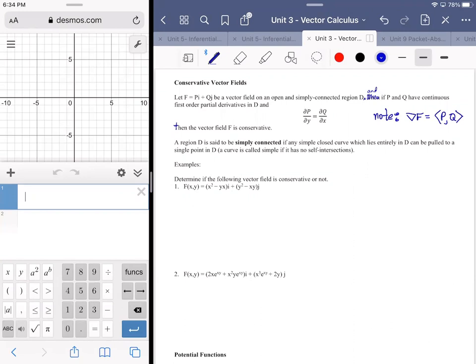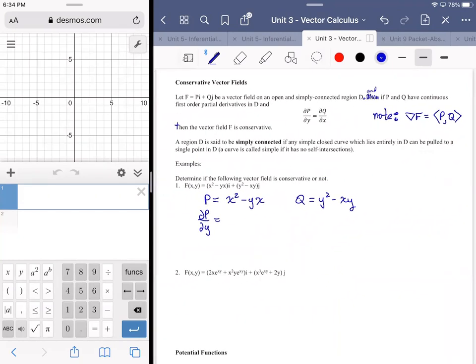At this point, we're just identifying the function P, multivariable, x squared minus yx, and the function Q, y squared minus xy. And we're finding first order partials with respect to the other variable.